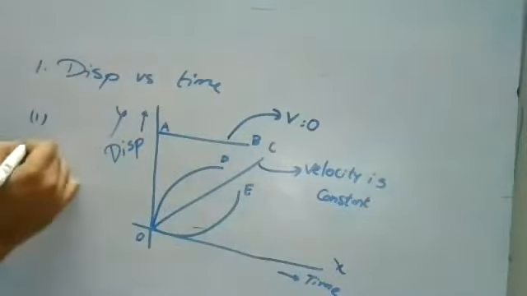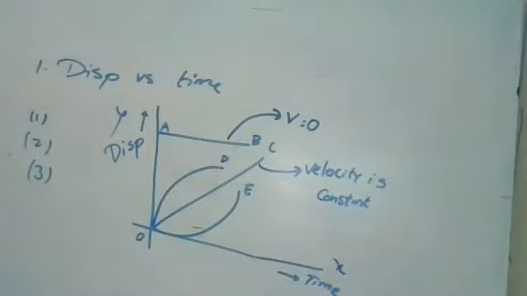Okay. Next one, third point. So this is your second point. Third point: if the graph obtained is a curve OD, whose slope decreases with time, the velocity goes on decreasing.